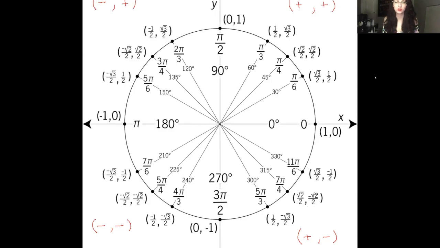Also, something else I use to construct the unit circle is these angles right here. When I'm slicing the unit circle into pieces, pi over 6 means I'm cutting the pi value, from 0 to pi, into 6 pieces evenly. So that becomes 1, 2, 3, 4, 5, 6 pieces, and I know that one's going to be right here.